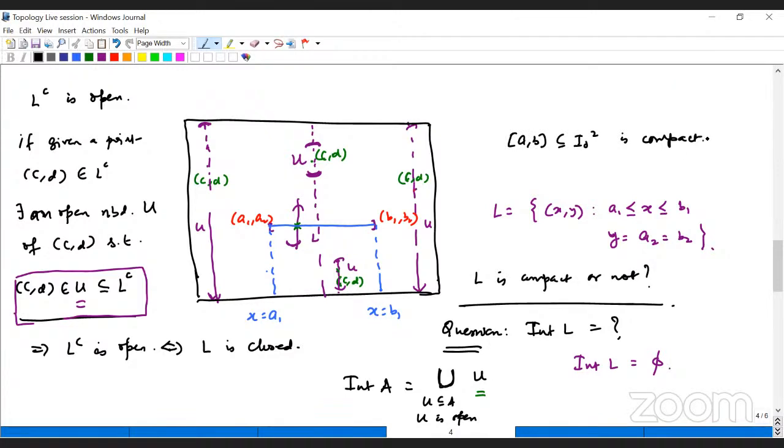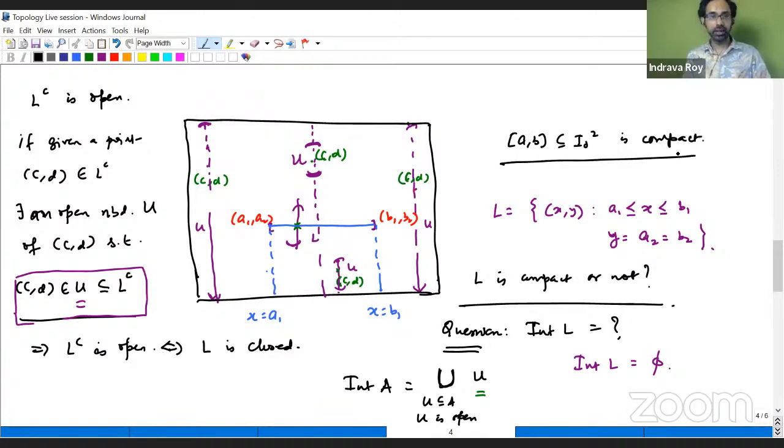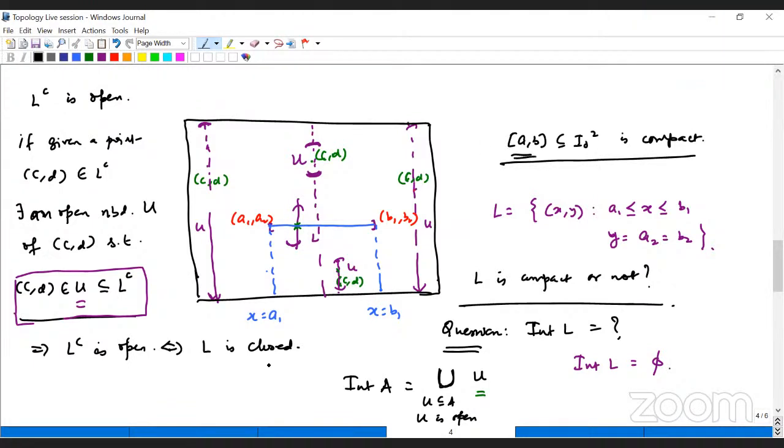This is a closed and bounded set. So by the Heine-Borel theorem, this is compact. But this L cannot be written as such a closed interval, right? So it still doesn't say whether this is compact or not. So what do you think? Is it compact?